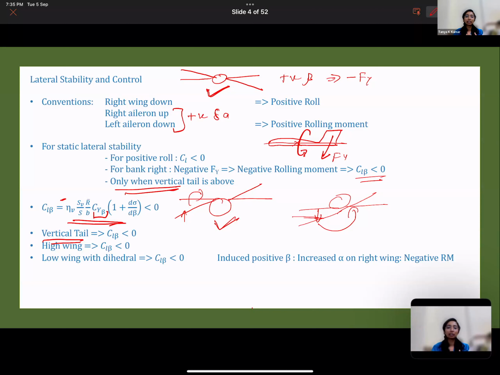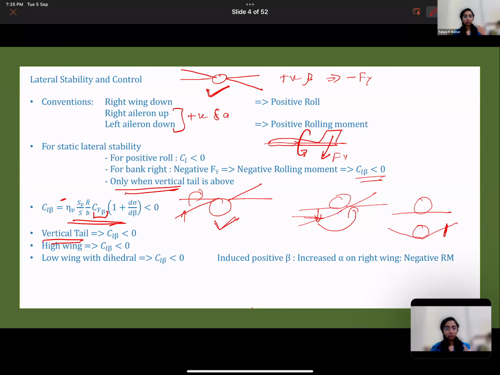Now, the low wing can also be made stable. How? When you give it a dihedral angle. What is a dihedral angle? This is your regular low wing. If you have a dihedral, you have something like this. This is explained in the lectures again, I'm just summarizing it. When you bank right, it produces a positive beta, and because of this positive beta, there is an increased angle of attack on the right wing that produces a negative or restoring rolling moment.